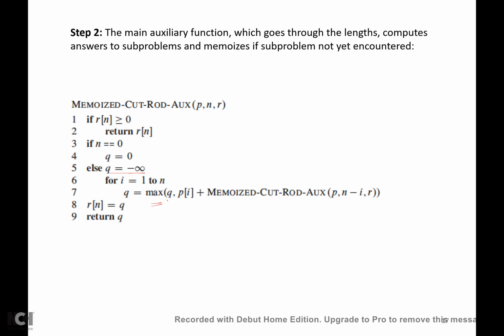And then in that case, we compare the q from the previous position for the first cut, plus, if it is i, we get p[i], this position for the first cut. Then we recursively invoke this one. And this is memoized cut rod aux, and we give p as the price table for each specific rod length, and we give n minus i as the given number, and r corresponding to revenue.